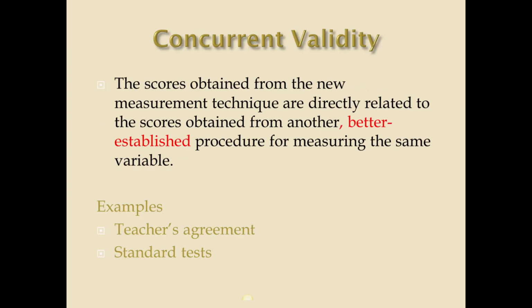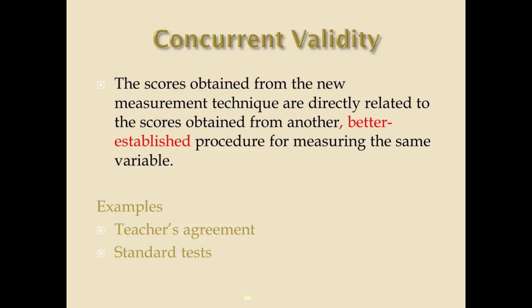Concurrent validity is frequently used in research. So you have created a test and you want to see if it has concurrent validity. All you need to do is see if your test scores are correlated with similar and better established measures or tests.